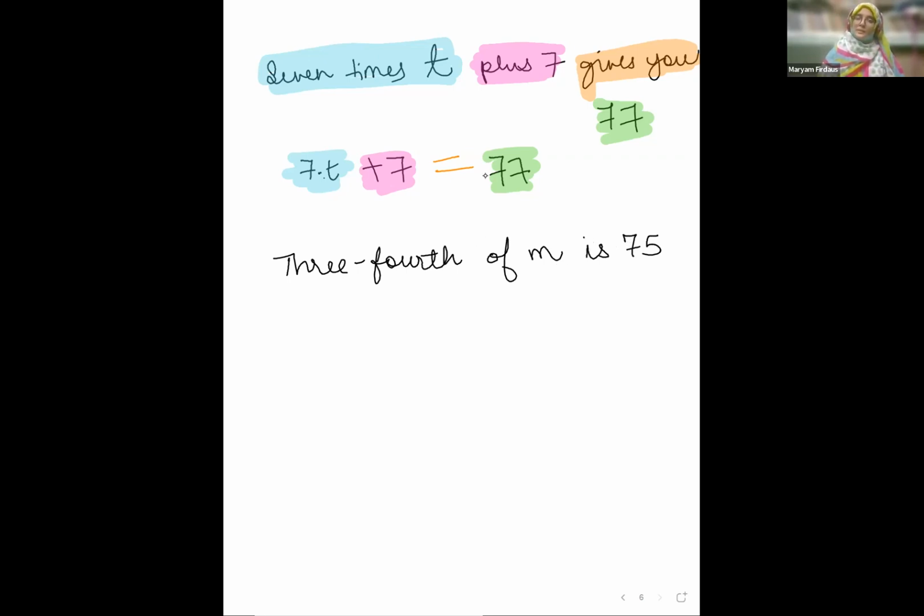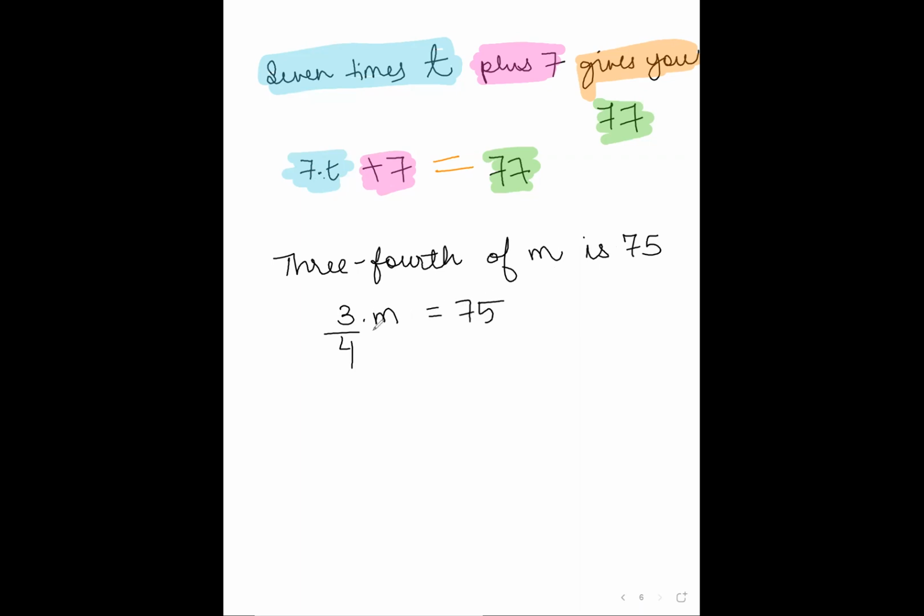How will you do this? 3 by 4 multiplied by M is equal to 75. Very good. 3 by 4 multiplied by M is equal to 75. Excellent. Now one more question.